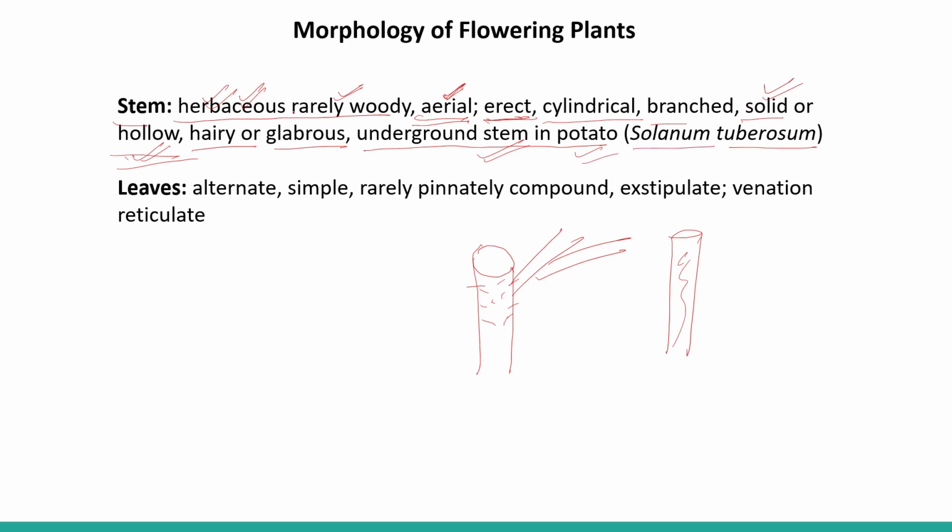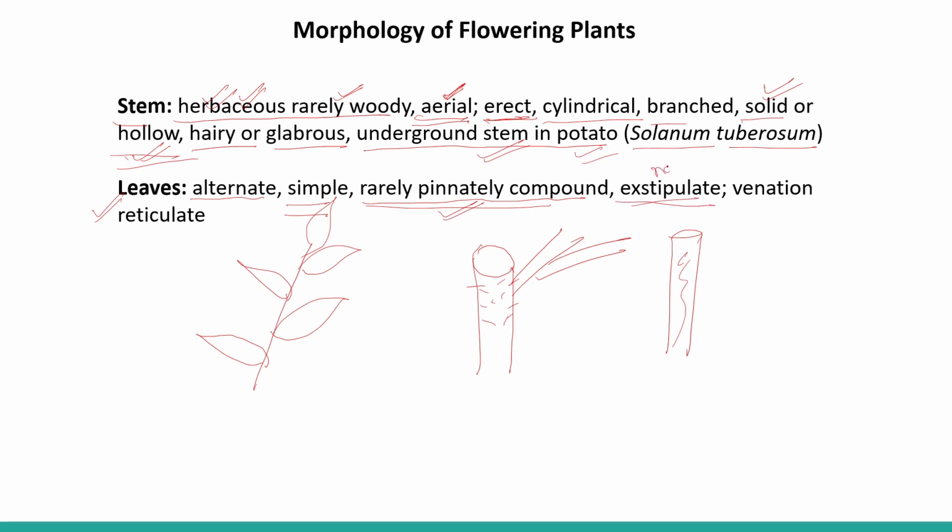Let us talk about the leaves of this plant. Alternate arrangement. We have discussed this in the case of a leaf, that leaves are showing alternate arrangement and they are simple, rarely pinnately compound.